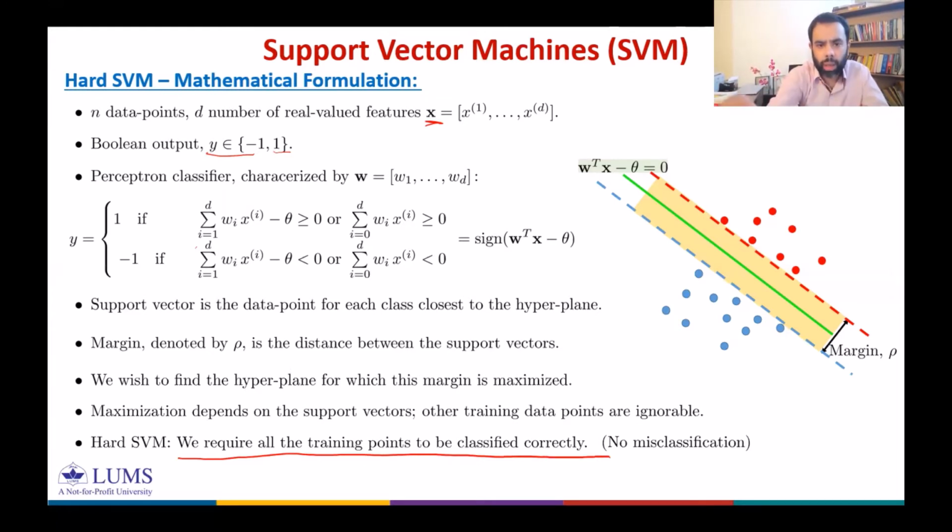We require all the red points to the right of this red boundary, and we require all the blue points to the left of this dashed blue boundary, right? That's why we refer to this version of SVM as hard SVM. We do not require any misclassifications. We require all the points to be classified correctly by the separating hyperplane, right? Okay.